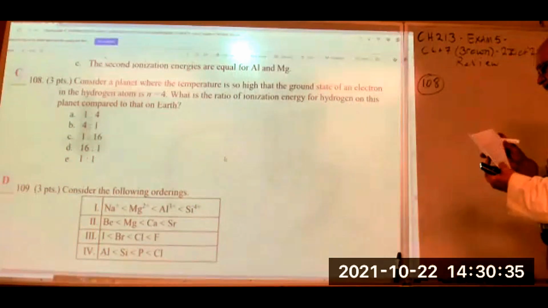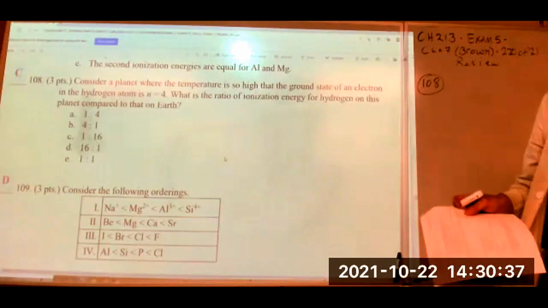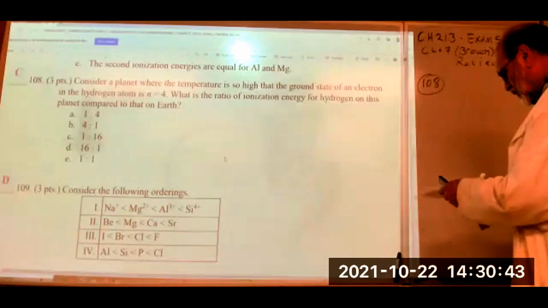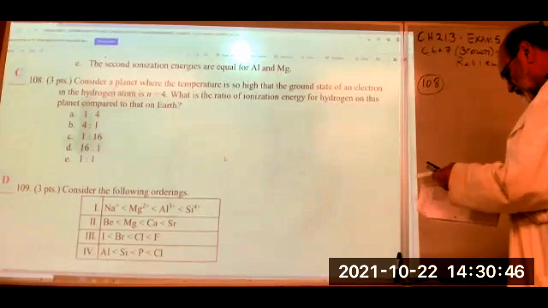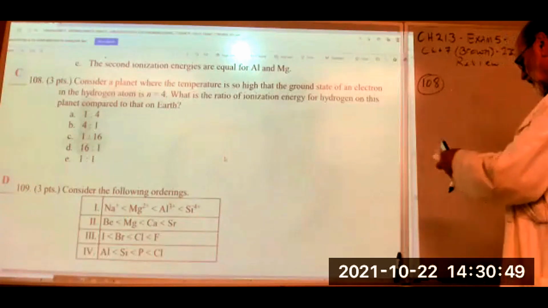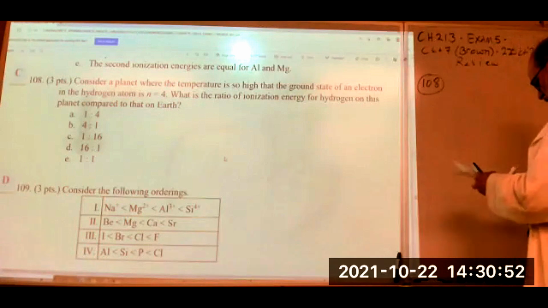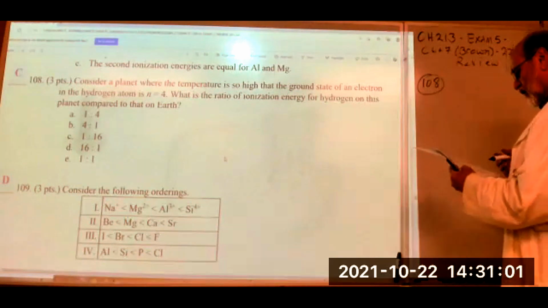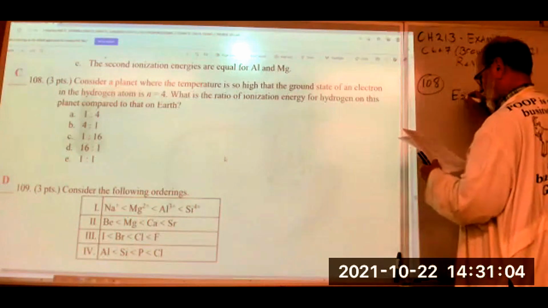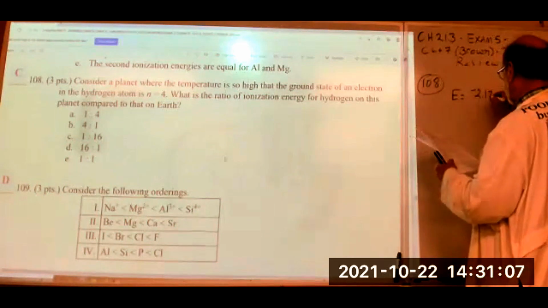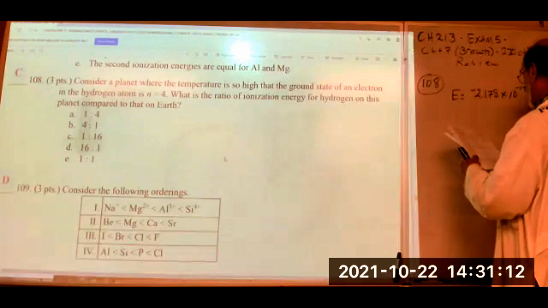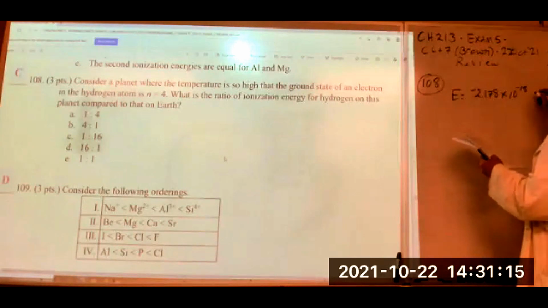So if we look at that equation, hold on a second. If we use this equation, by the way, this is the energy of an electron at any position, based on Niels Bohr's model.